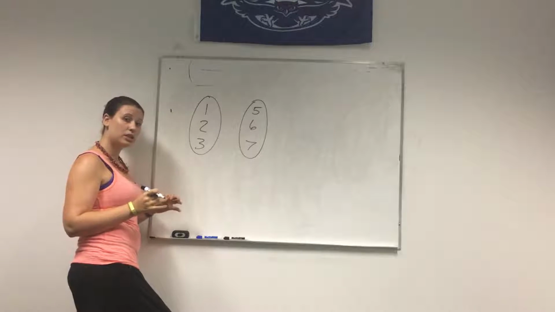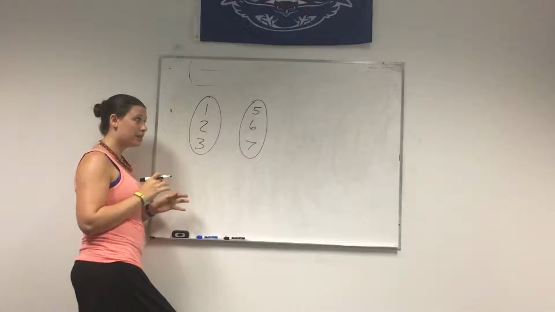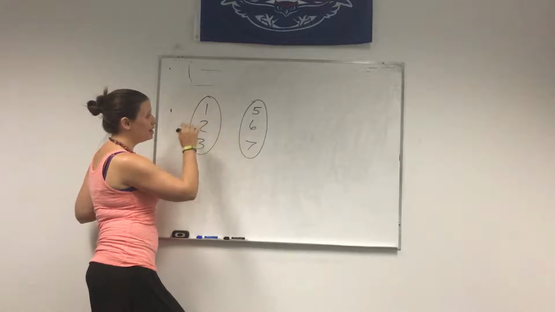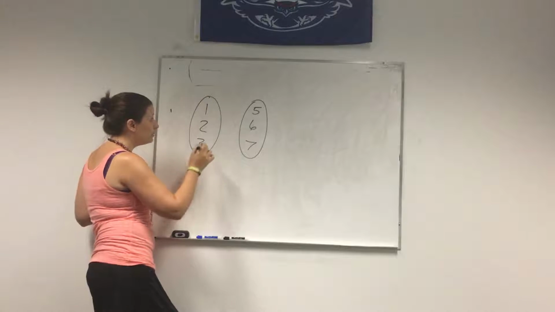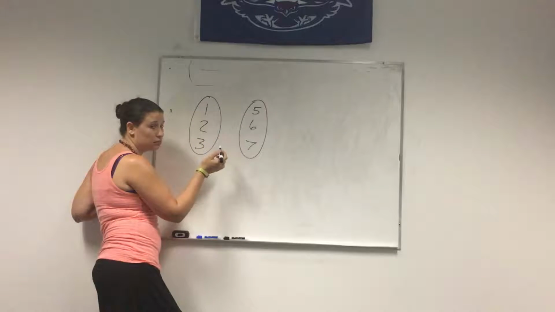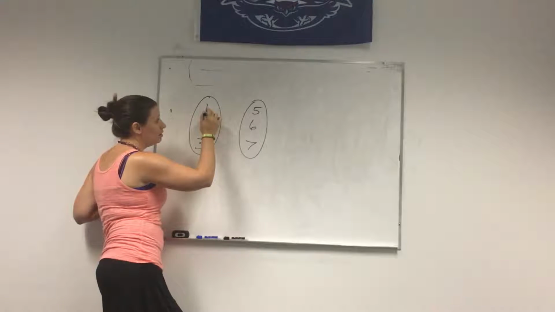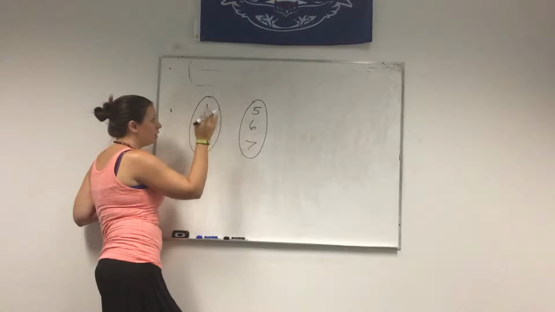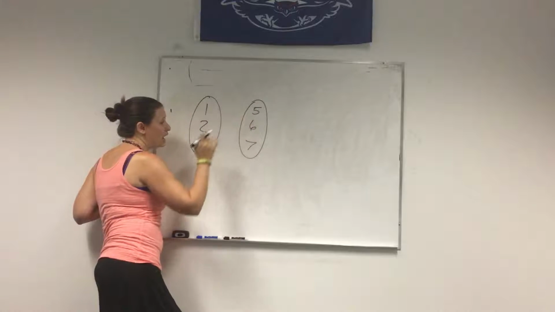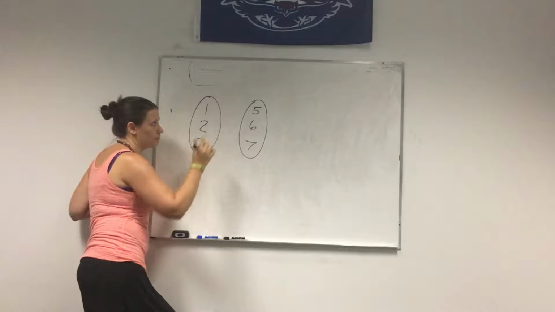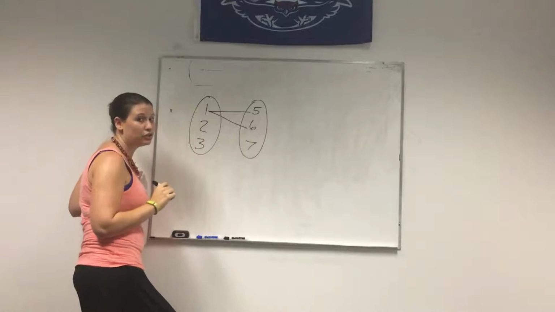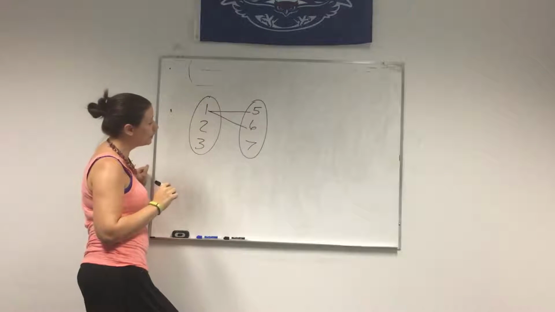However, I want to mention specifically what would make this a function or not a function is all dependent on the domain. If a domain member has more than one line coming out of it, meaning 1 could go towards 5 or 6, so like this, that is not a function, okay?